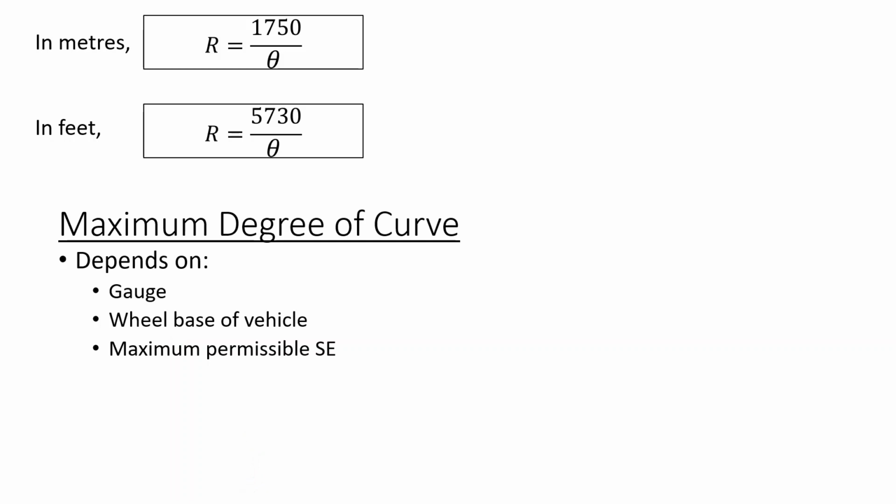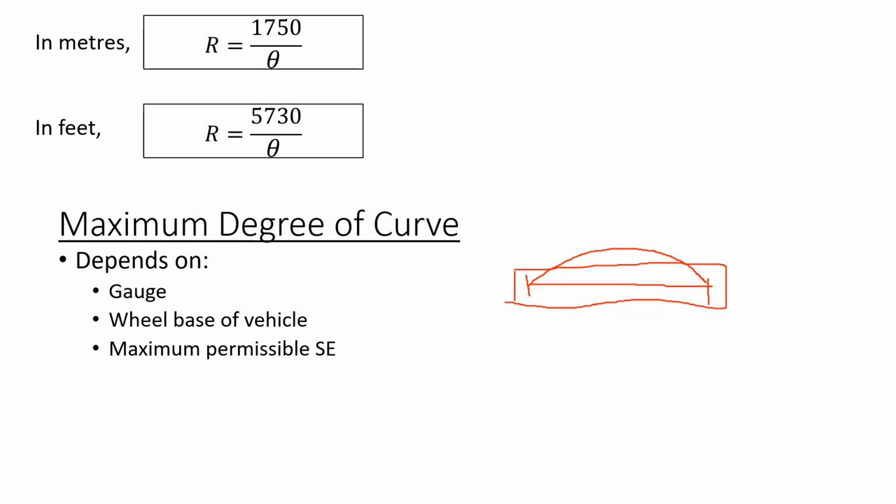Another one is, it again varies with the wheelbase. For example, consider a circular curve portion. This much becomes the wheelbase of a train. If the degree of the curve is large for the length of the wheelbase, then the vehicle does not run freely around the curve, which is liable to derailment.